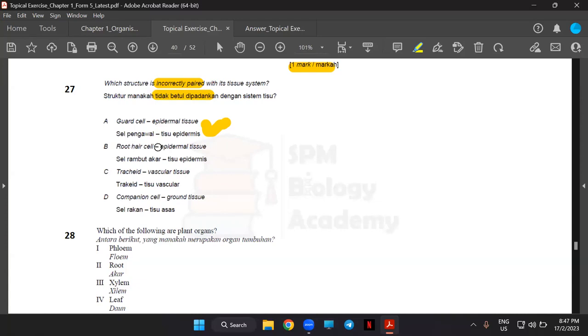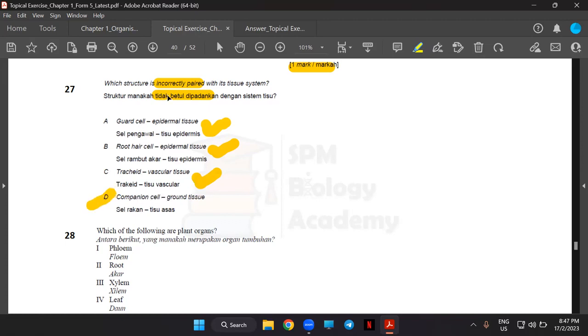Root hair cell, epidermal tissue, correct. Sel rambut akar, tisu epidermis, betul. Epidermis yang telah diubah suai. Tracheid, vascular tissue, betul. Ya, dia mengangkut air. Companion cell, ground tissue, salah.